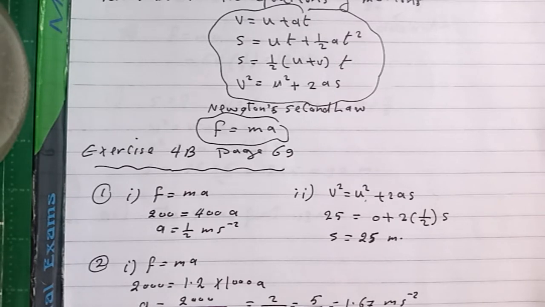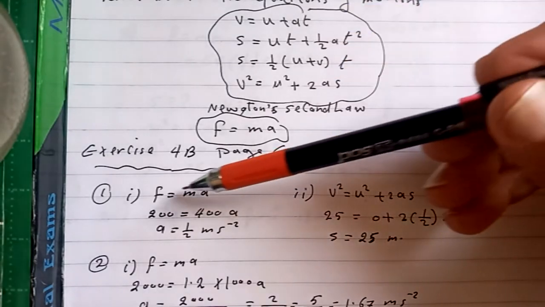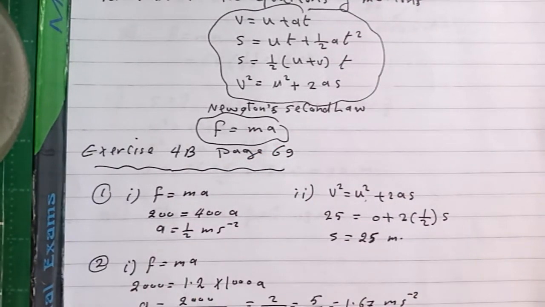Newton's second law includes the acceleration, F equals ma. The force is 200 Newtons and the mass of the car is 400 kilograms. So the acceleration will be 200 over 400, which is half a meter per second squared.